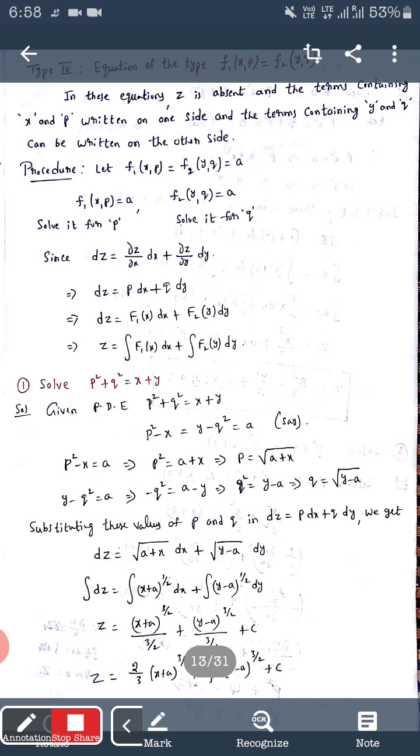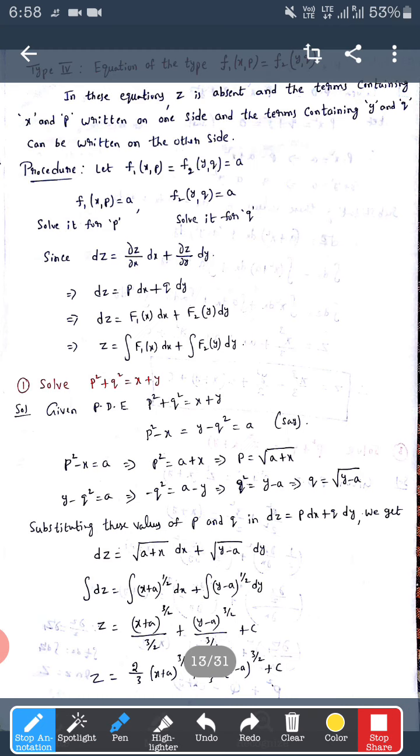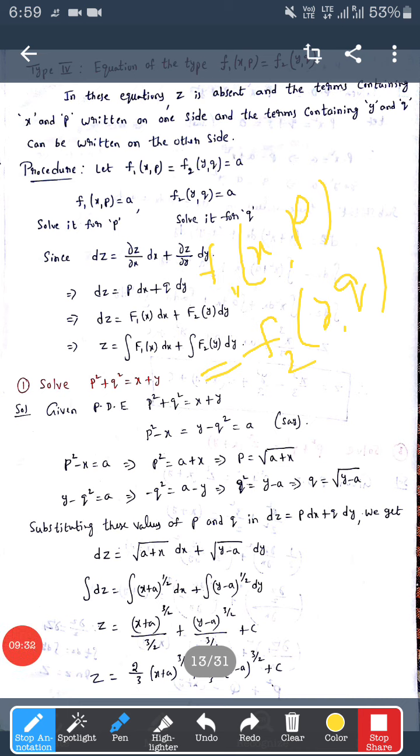Now coming to type 4 equation. How to recognize type 4 equation: f1 of x comma p is equal to f2 of y comma q.